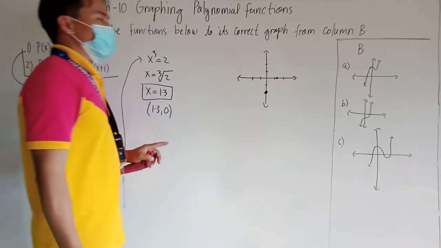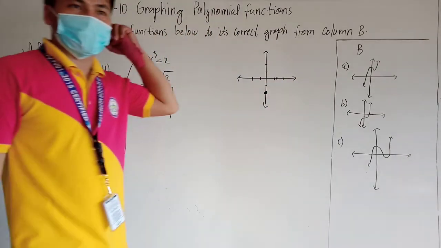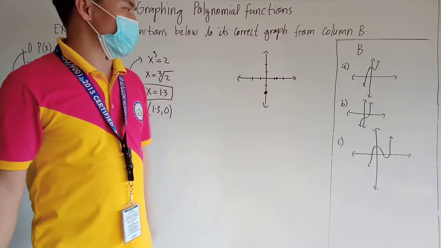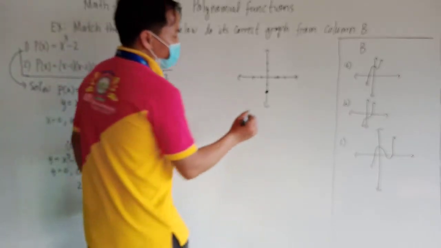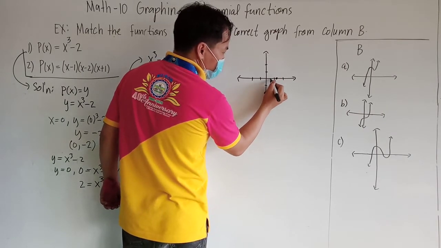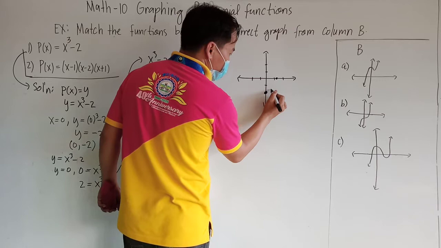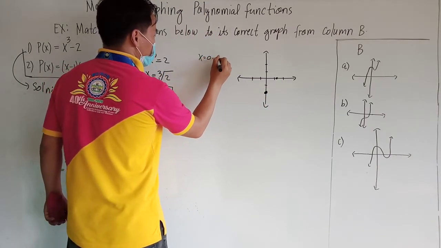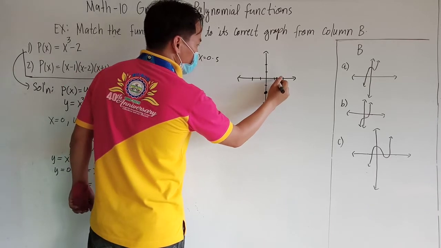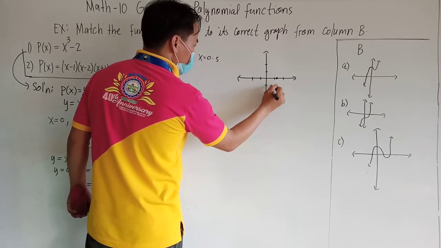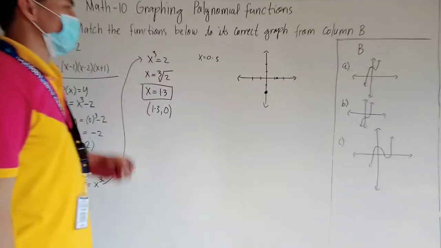We only have 2 points in here, so we cannot actually determine the curve of this given function. Okay, so we can use a value of x in between these 2 points. We can choose x equal to 0.5. What about if x is equal to 0.5? So that we can determine the shape of the curve. So we can make use of 0.5.